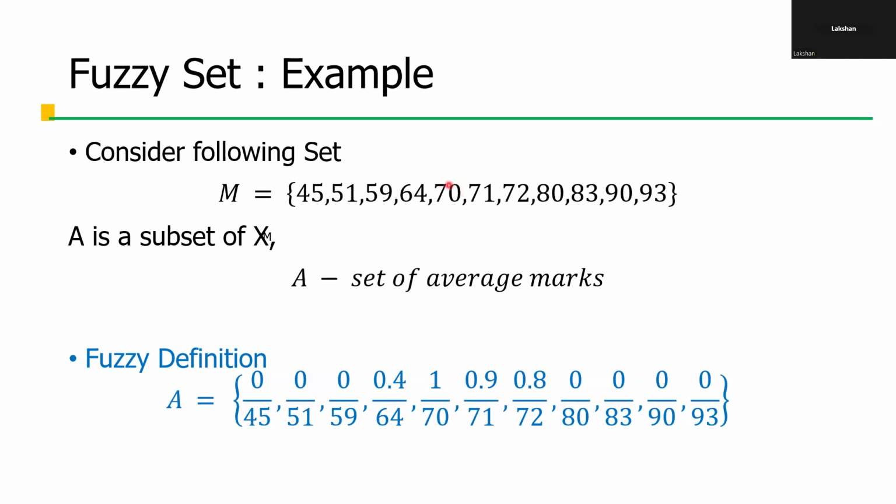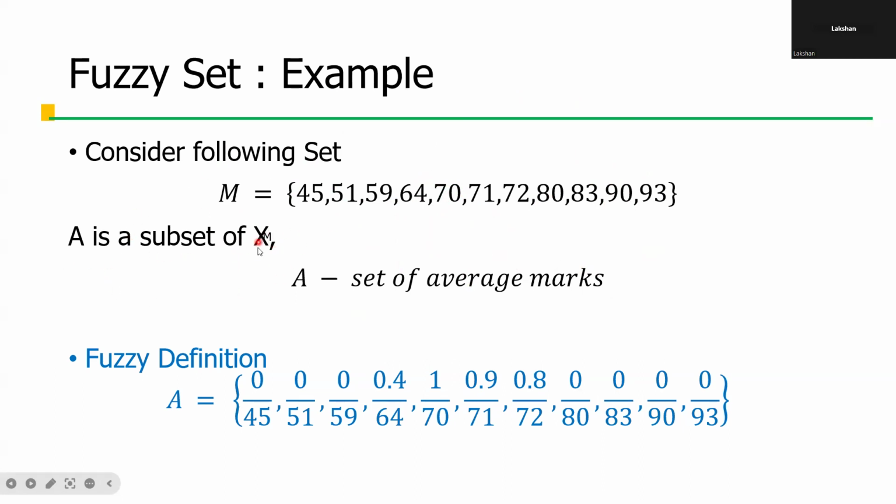So when we consider the average mark for the students, what they have scored, we can have 1 or 2 students that exactly score 70. But there can be students that scored 64, 71, 72, likewise, very close to 70, but they are not exactly 70.